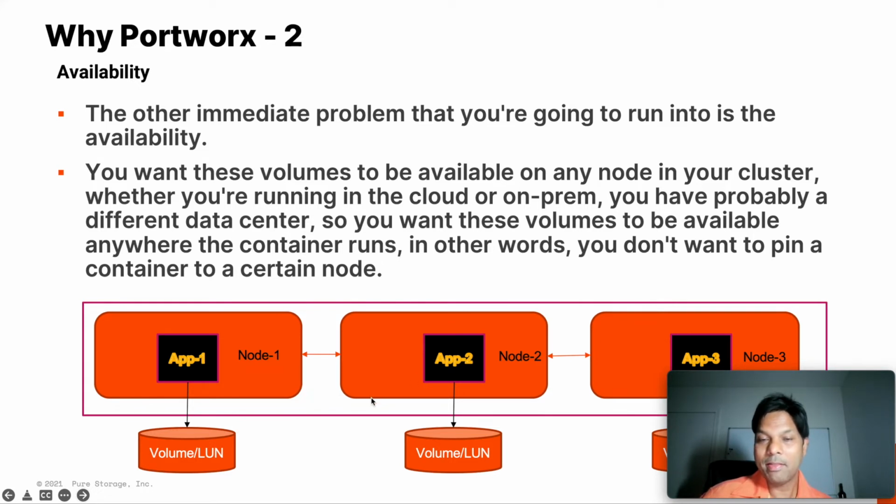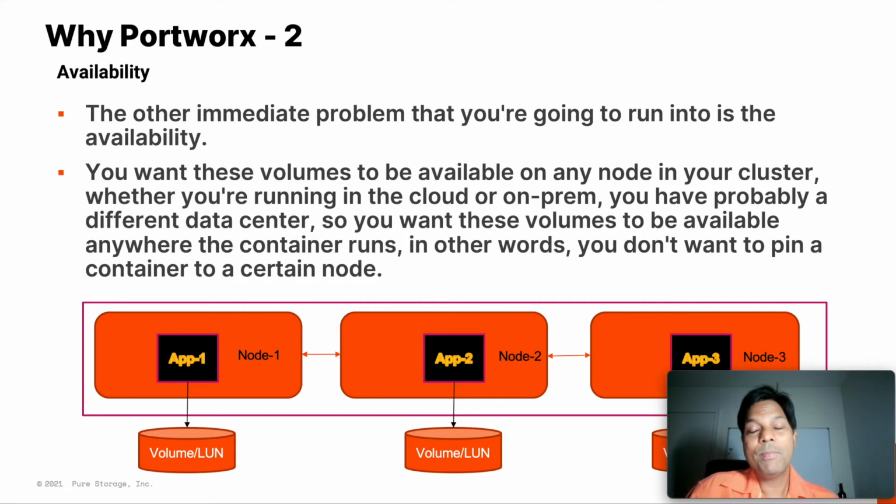So that's the reason for another important requirement: we need storage which is attached to all the nodes at any instant of time, so that wherever this pod goes or runs, it sees the same volume, or PVCs rather, in Kubernetes terms.